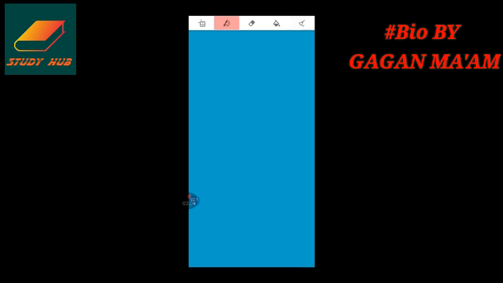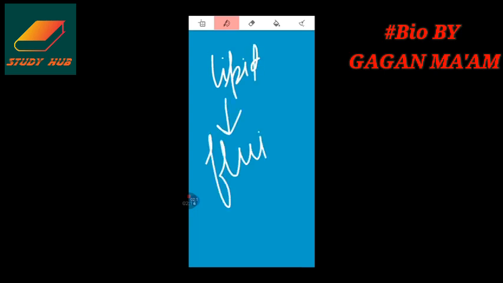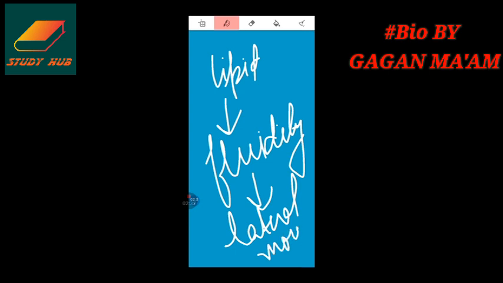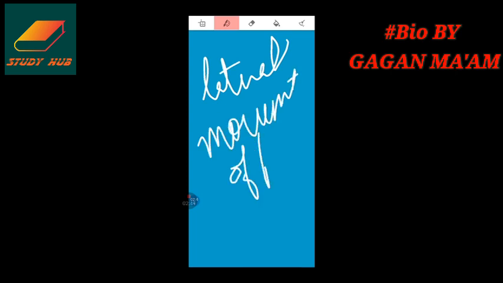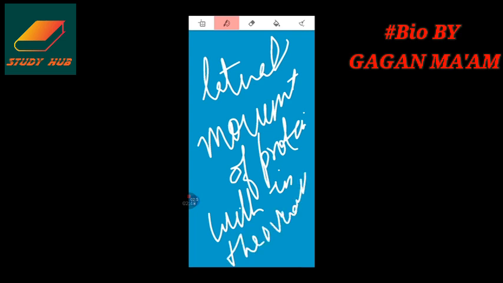This phospholipid layer actually provides fluidity to the plasma membrane, because phospholipids are rich in unsaturated fatty acids which are liquid in nature, and this liquid nature enables the lateral movement of protein within the overall bilayer.